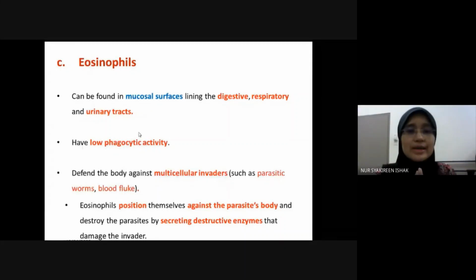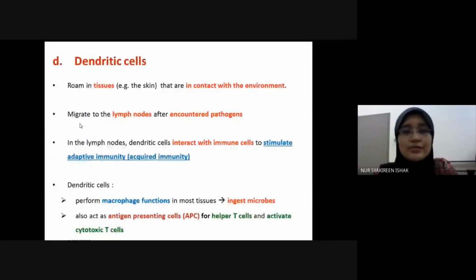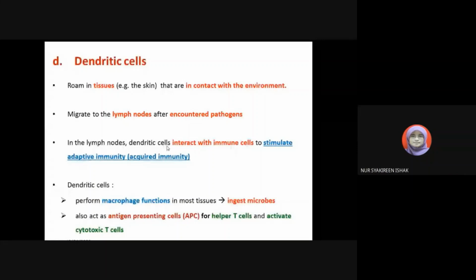Then the next one is dendritic cells, okay. They roam in tissues such as the skin that are in contact with the environment, and then they will migrate to the lymph node after they have encountered pathogens, to interact with immune cells to stimulate adaptive immunity.